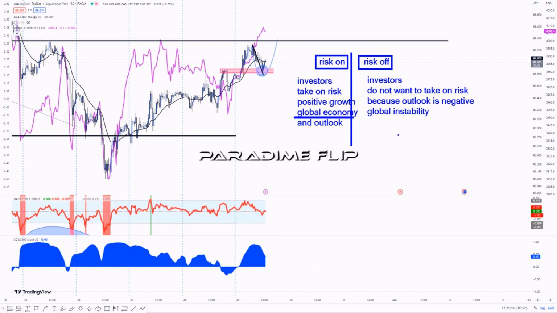Now, how this plays off with currency pairs is that certain currency pairs also tend to increase in value in a risk-on environment and decrease in value in a risk-off environment. So in terms of currencies, we have high interest rate currencies, and on the other spectrum, we have low interest rate currencies.